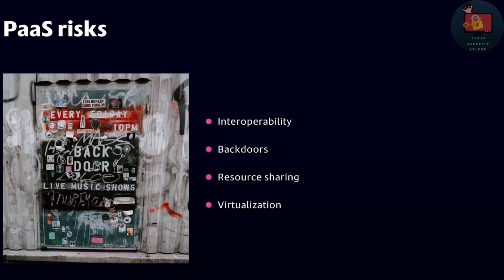The first is interoperability. Remember, the cloud provider is responsible for updating the operating system. Unless there's effective communication between the customer and the provider, updates to the underlying operating system can break applications, or they may not function properly.